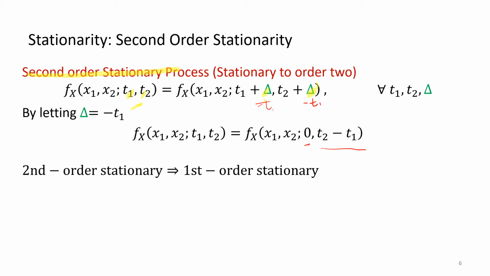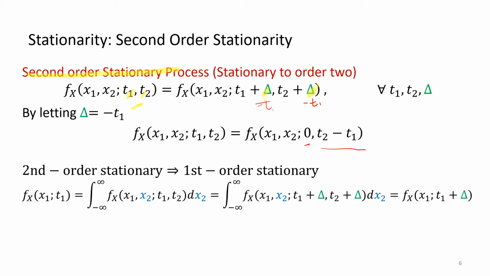Second order stationarity guarantees first order stationarity, because we can look at the PDF, the marginal. You can think of this as a marginal PDF. By eliminating x2, you integrate from minus infinity to infinity. Then, because it's a second order PDF, we can go from here to here by replacing time with delta.